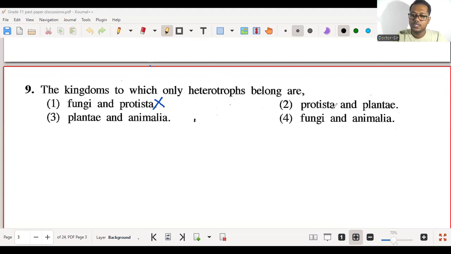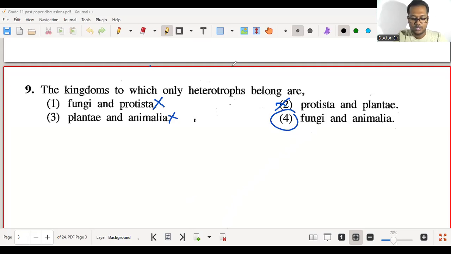So here protista is not suitable for the answer. Plante, animalia: animalia is okay. So the kingdoms of heterotrophs, but plante is not suitable either. So we can take the correct answer as the fourth one, fungi and animalia. How many of you got this answer?